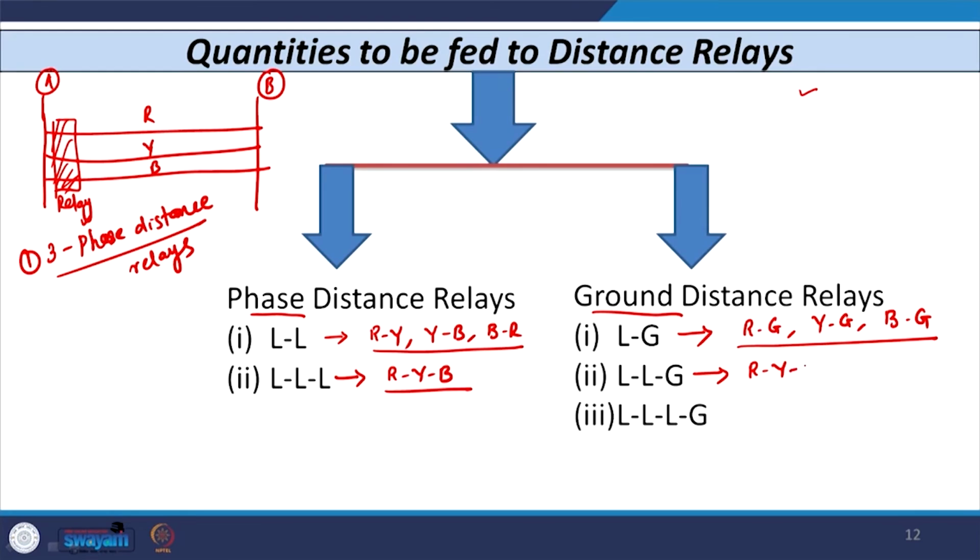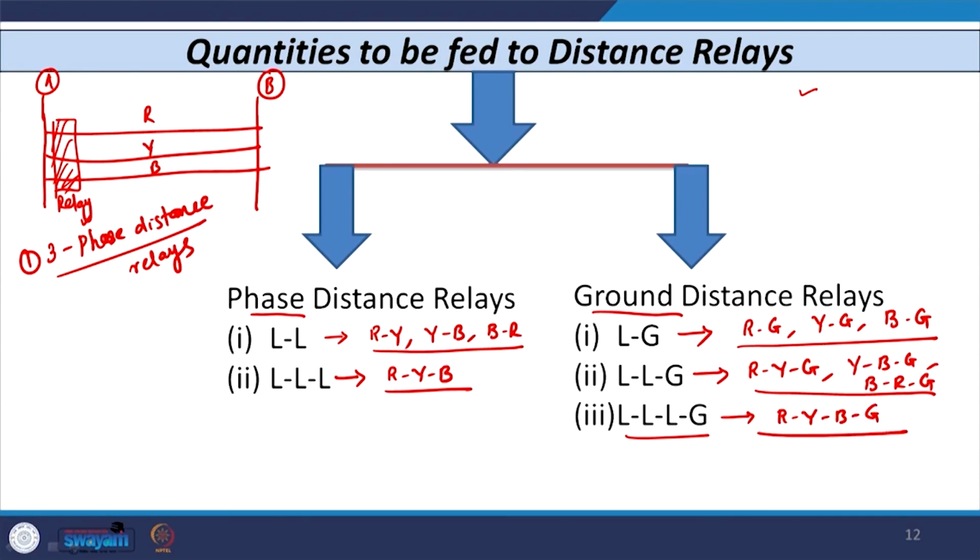So, it can be RY to ground, YB to ground or BR to ground. If triple line to ground fault occurs, which is very rare because it involves some impedance or resistance, then the ground distance relay will also take care of this.